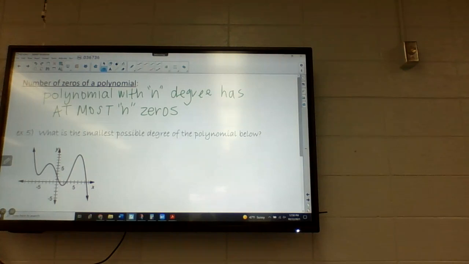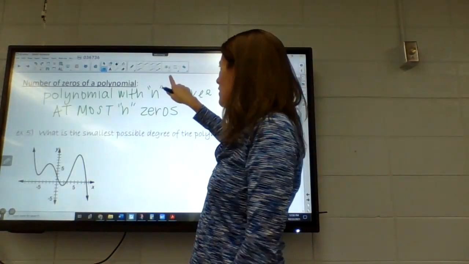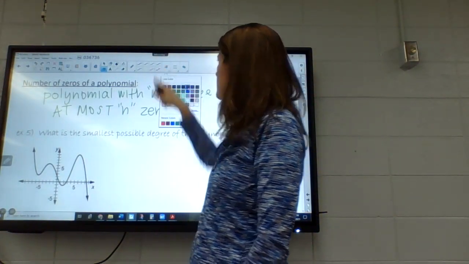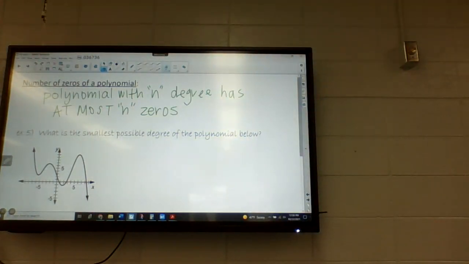Sometimes we have less. Sometimes the zeros are imaginary. So one of the things you can also look at is, it might not just be a zero. We'll be looking at graphs, and basically, however many times it would cross any horizontal line.